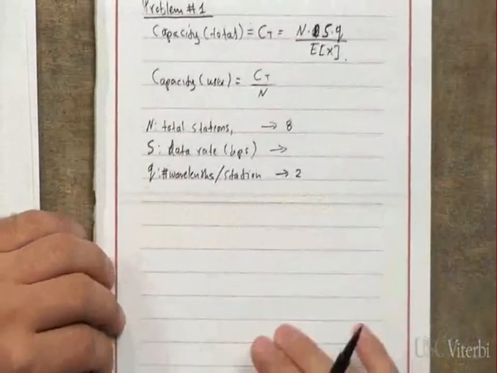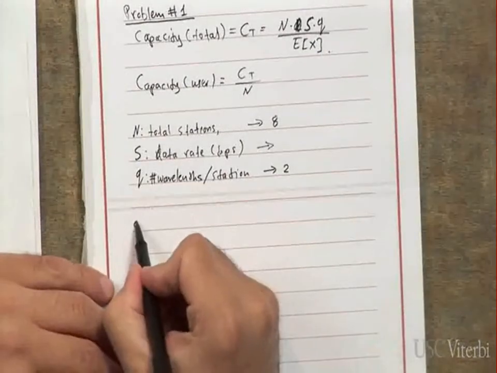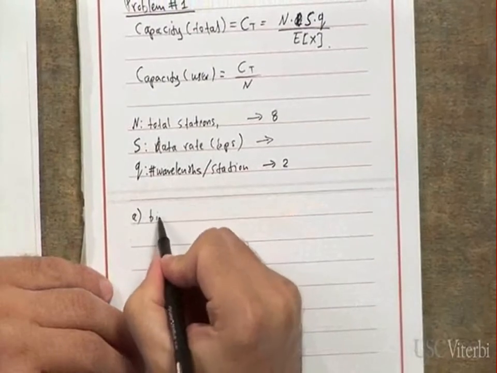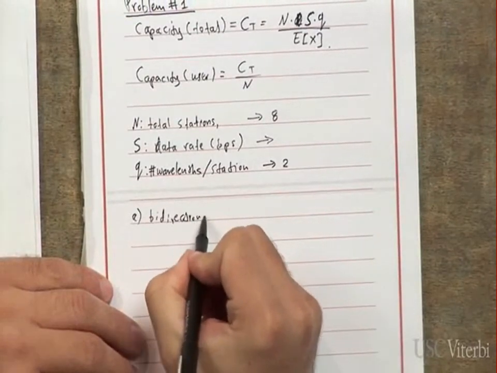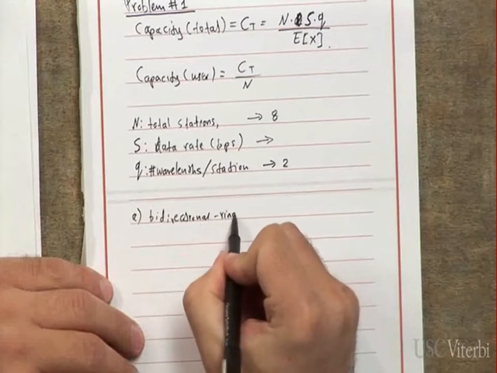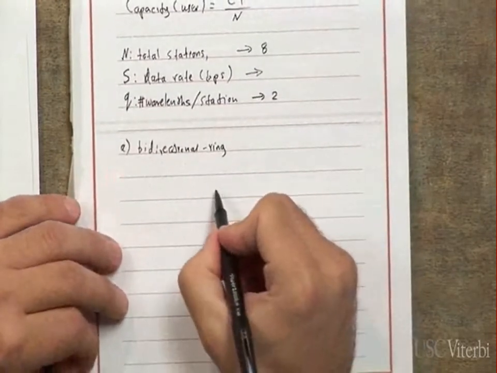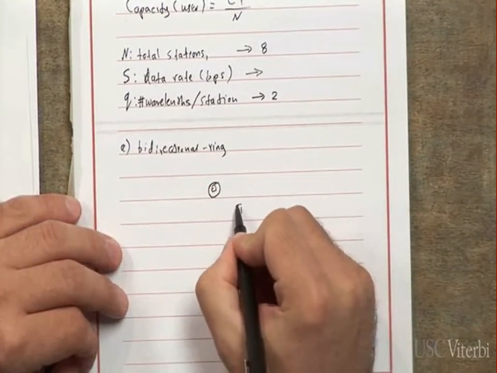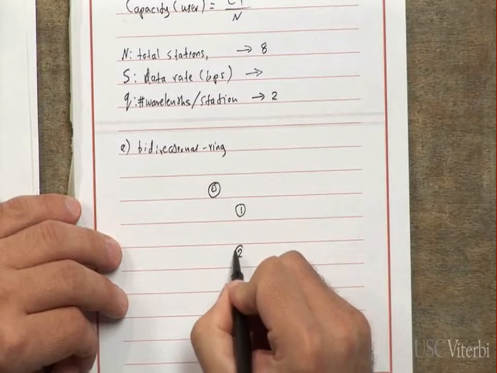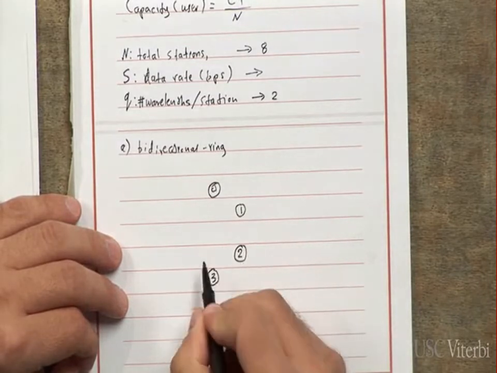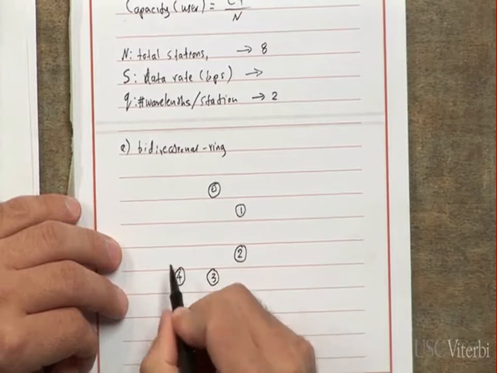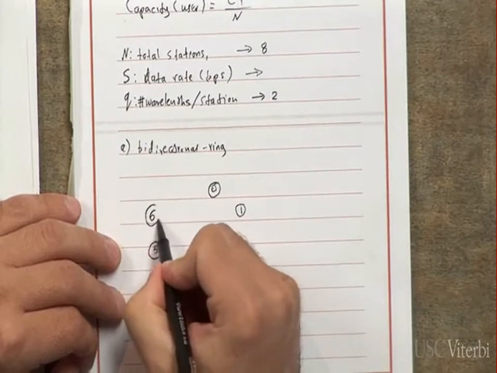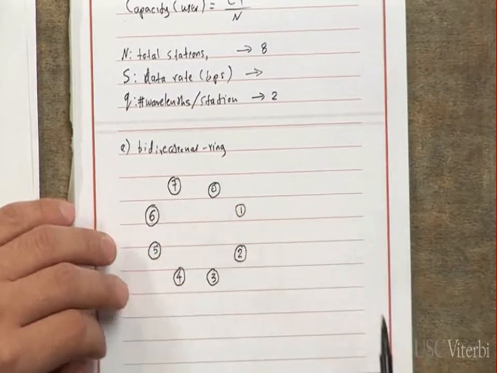Okay, now let's draw the first topology, the bidirectional ring. I guess you know how it's going to look, right? I'm going to do my best here. All right.